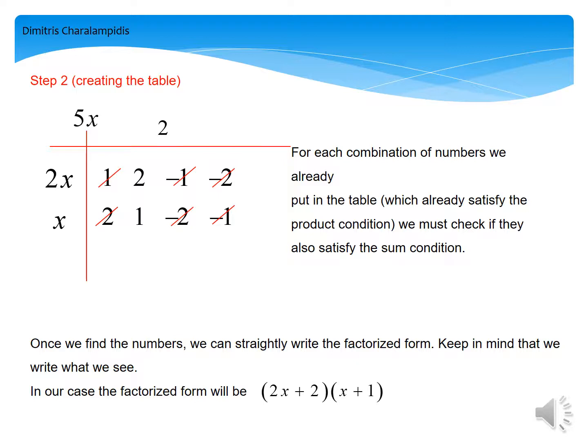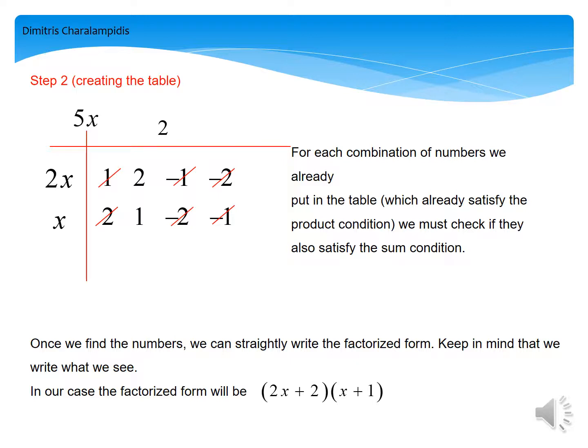So the product condition is satisfied. Now, we should check the adding condition. If we multiply 2 by 2x and add to that 1 times x, we would indeed get 5x, which is what we want. So that's the pair we were looking for, numbers 2 and 1.